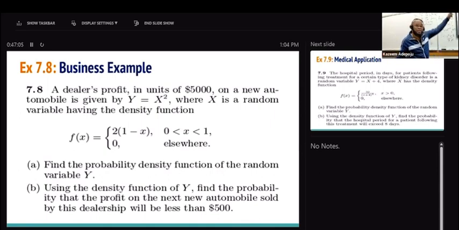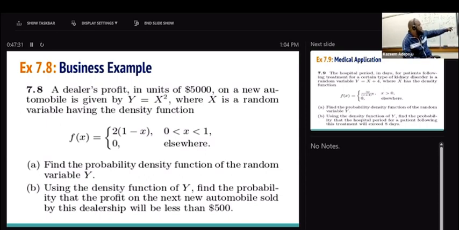Then you plug in the values of x that you got, then you multiply it by the Jacobian, and you're going to get the answer to question A. Now, if you get question A wrong, question B will be wrong, because you want to use the probability density function you derived in question A to figure out that part.